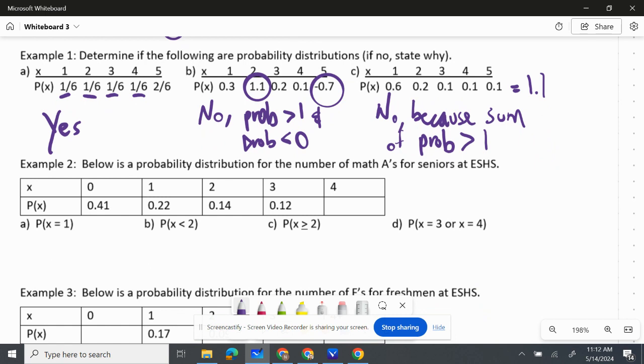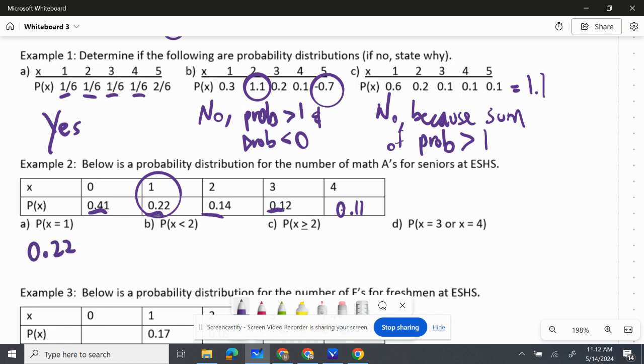Now we're going to look at a probability distribution table, and we're going to answer each of the questions. For the first one, we see that there's no probability for 4, so we're going to add up each of our probabilities and subtract it from 1, and that gives us our missing value, which is 0.11. The probability of 1, we just look at the probability of 1, and that would be 0.22.